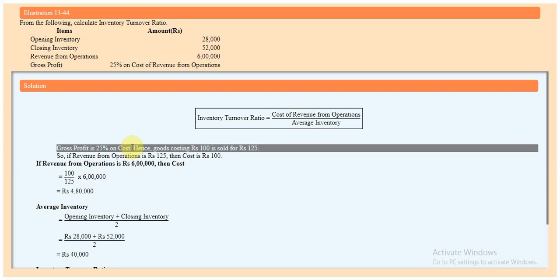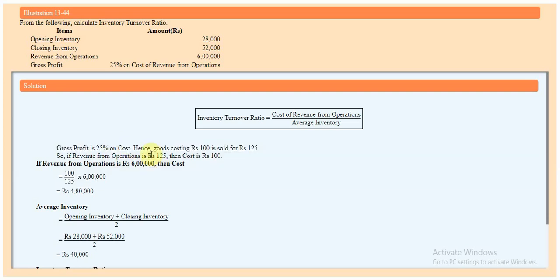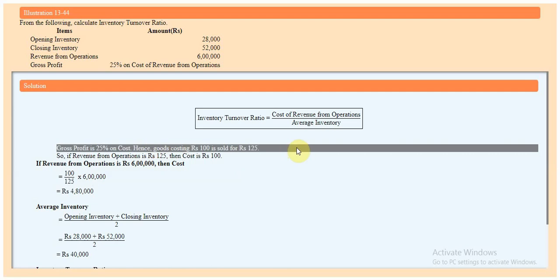Gross profit they have given as 25% on cost. So friends, if it is 25% on cost, then if we assume that cost is 100 rupees, then what is the GP? GP is 25% of cost, so GP will be 25. So what will be the selling price? It will be 125 rupees, which is cost 100 rupees plus GP 25 rupees. So sales will be 125 rupees.